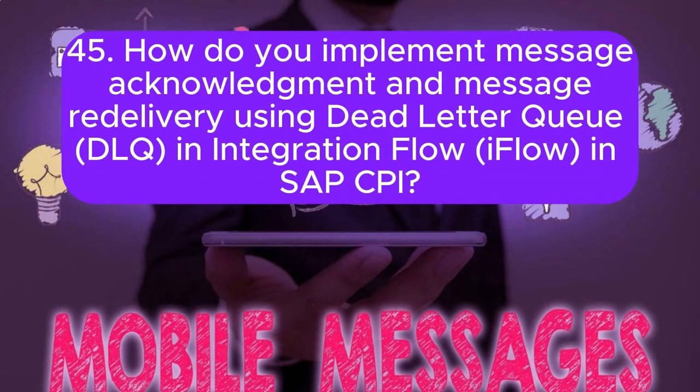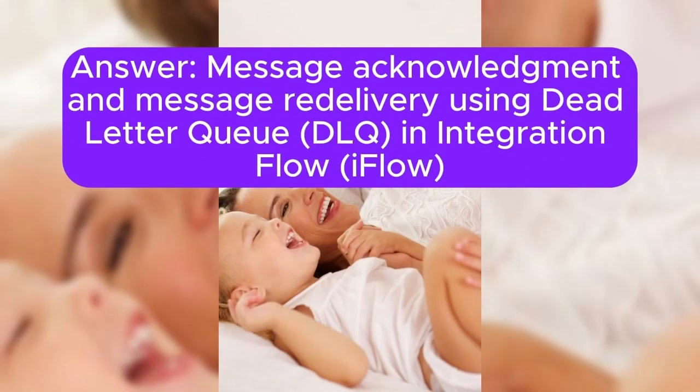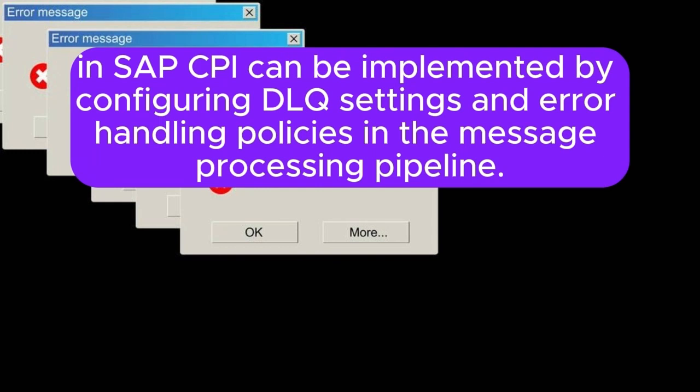45. How do you implement message acknowledgement and message redelivery using dead letter queue (DLQ) in an integration flow (iFlow) in SAP CPI? Answer: Message acknowledgement and message redelivery using DLQ in iFlow in SAP CPI can be implemented by configuring DLQ settings and error handling policies in the message processing pipeline.